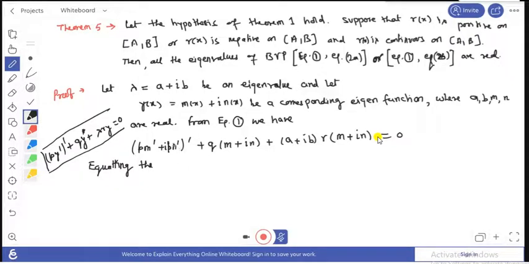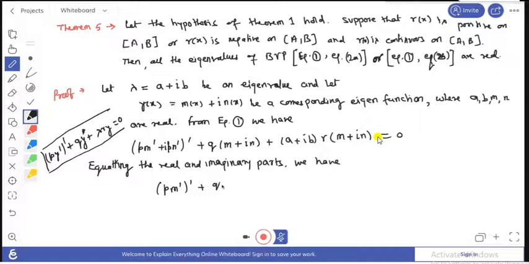Okay, so equating the real and imaginary parts, you get (p m')' in the real part, plus q m, and from this one you get a r m.